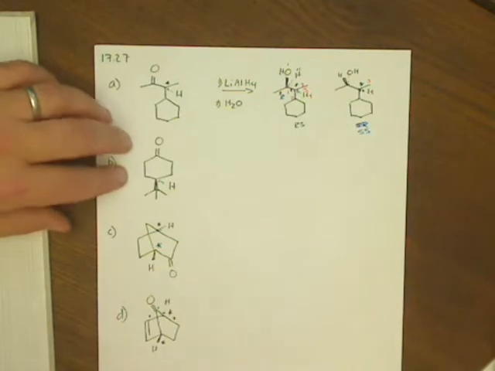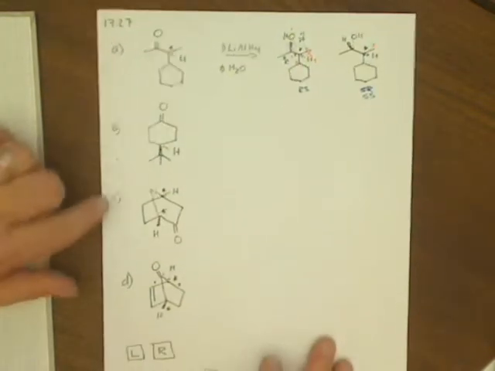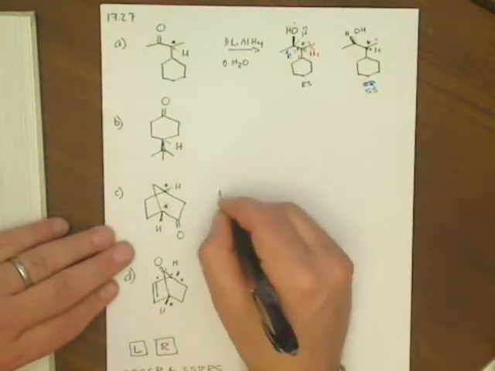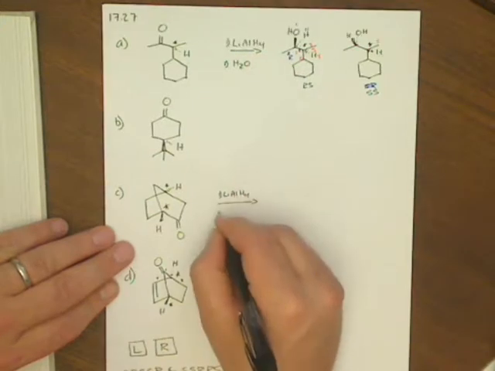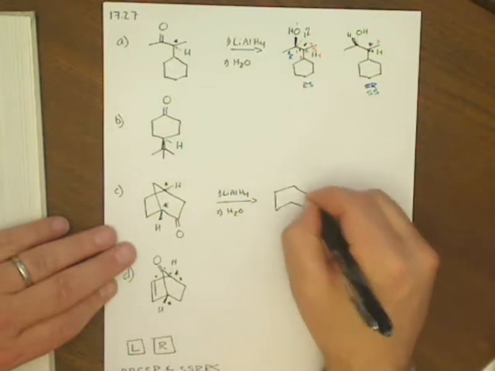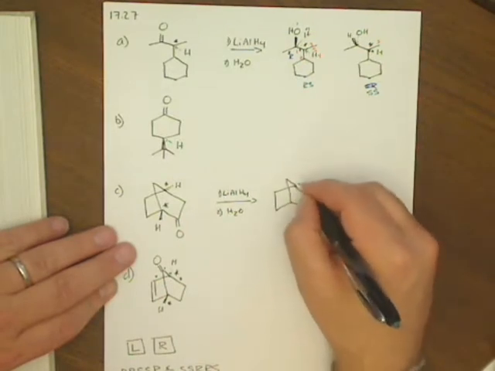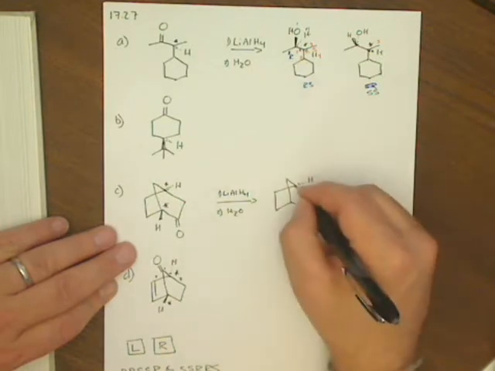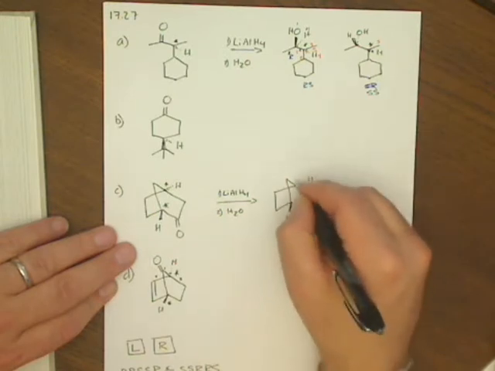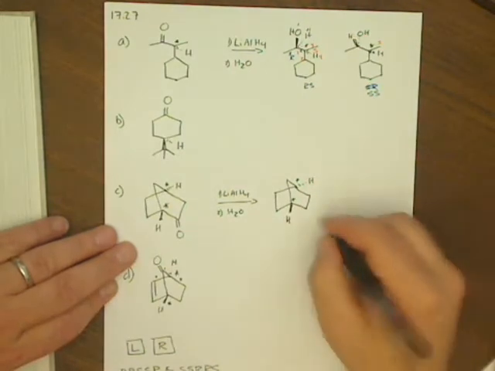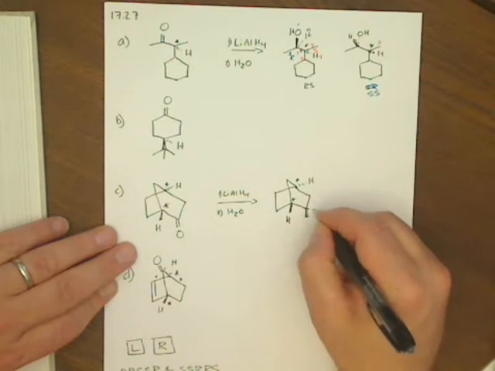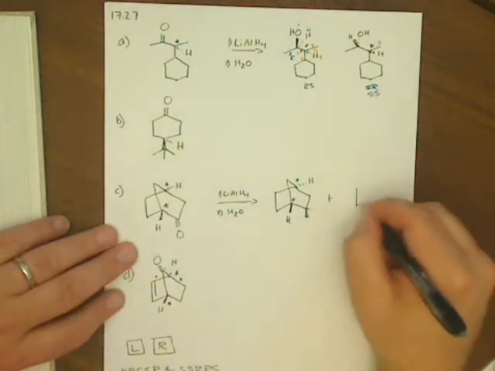Now, if we look at the second case, I'm going to skip B. I'll come back to it. I'm going to go to C, and there's a reason why I'm doing that. Same reaction, LiAlH4 followed by H2O. What we're going to get is a mixture of two products. We have two enantiomers potentially from the starting material, but we're just going to say that both of these are the same before and after the reaction.